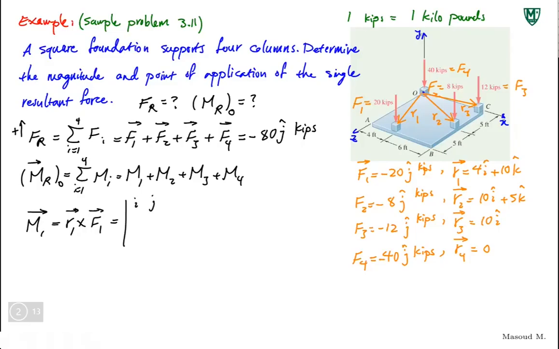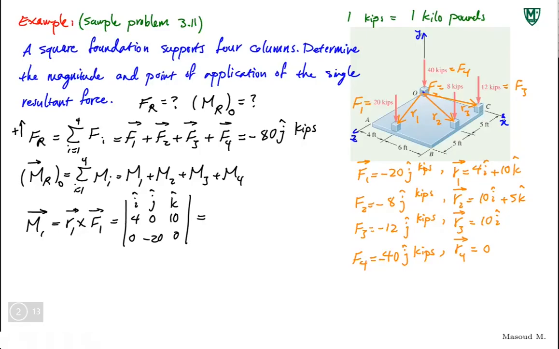Well, the first line is ijk, unit vectors. The second row would be R1, which is 4, 0, 10. Right. And the third row would be F1. Well, F1, the components are 0 except the one in J direction. So I'll get that one.